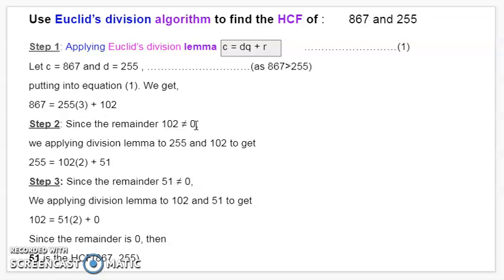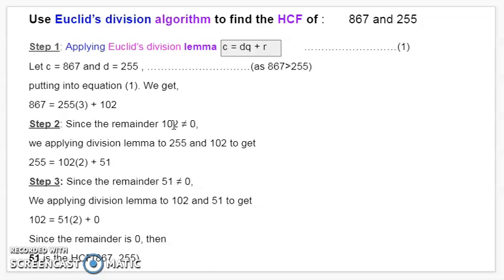We have to keep in mind that if we are not getting remainder 0 in the first step, then we have to go further and do the same process, taking the remainder as a divisor.